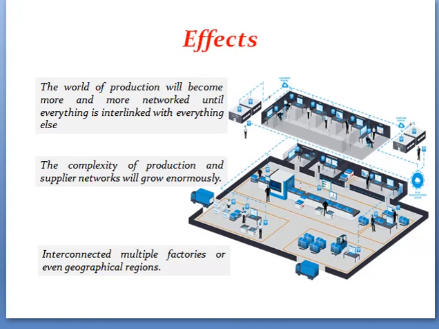If you have a supporting system in your work area, then you will achieve whatever result you wanted to get. That's why the world of production is becoming more and more networked nowadays, until everything is interlinked with everything, and the complexity of the production and supplier network will grow enormously.